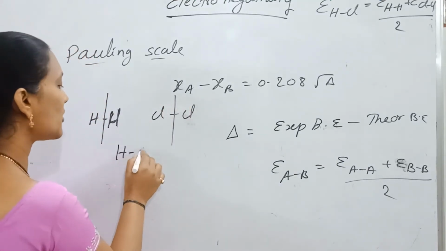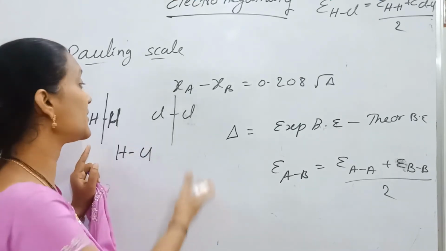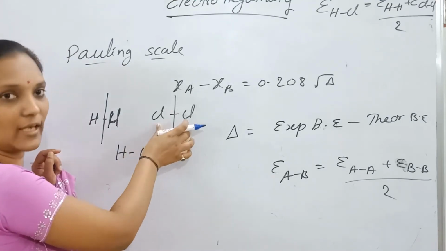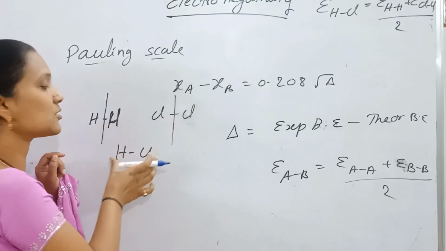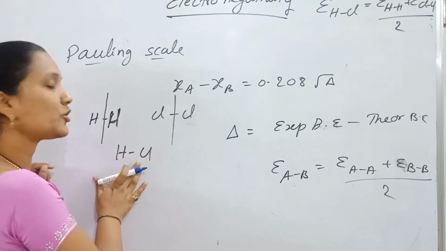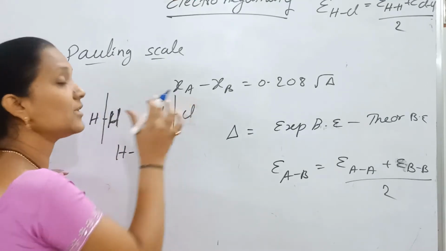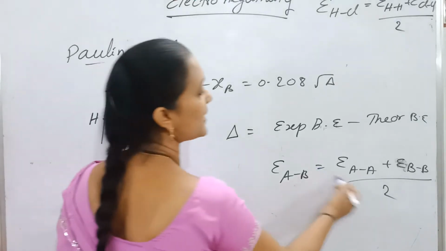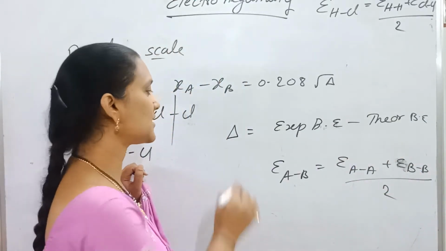Now the HCl bond energy is not the exact average of the HH and ClCl bond energies, because the average of the attractive forces of hydrogen and chlorine is not similar to the attractive forces in HCl. That's why the experimental and theoretical bond energies differ. That difference is delta.